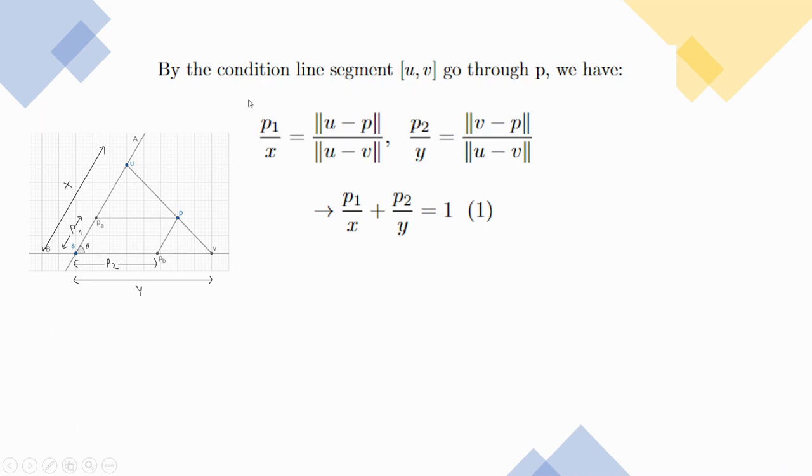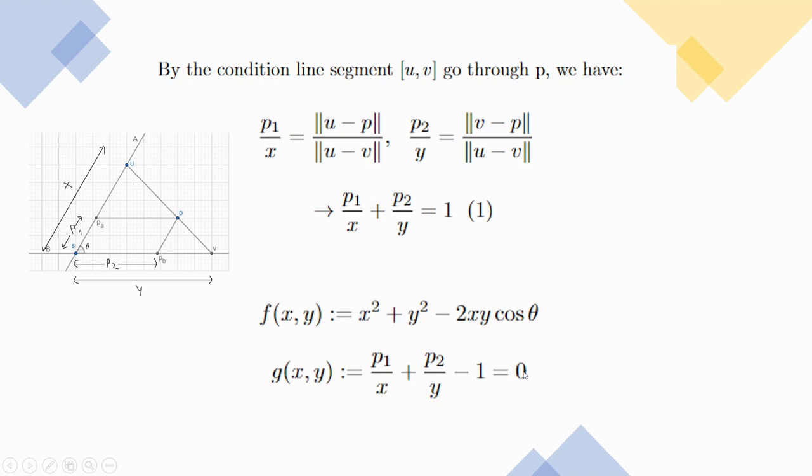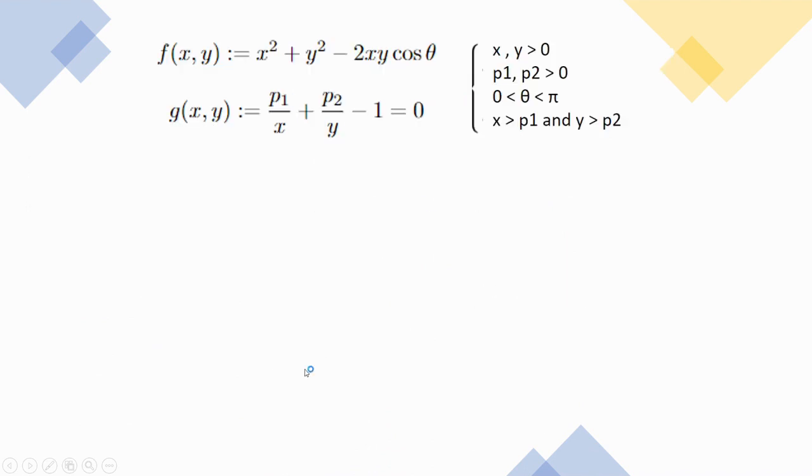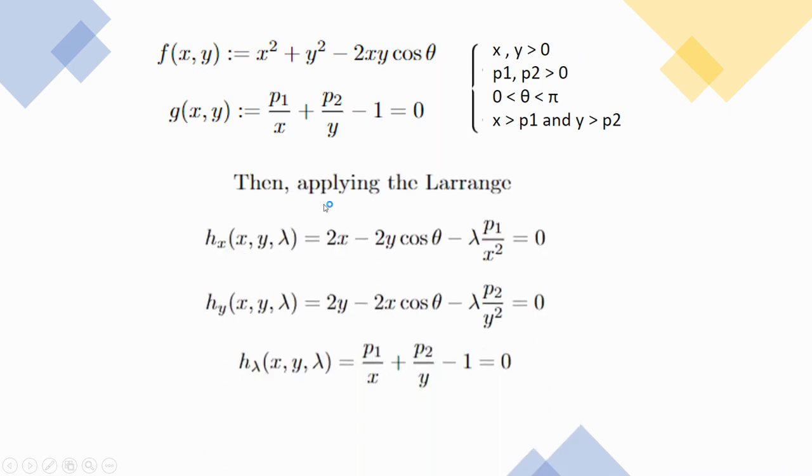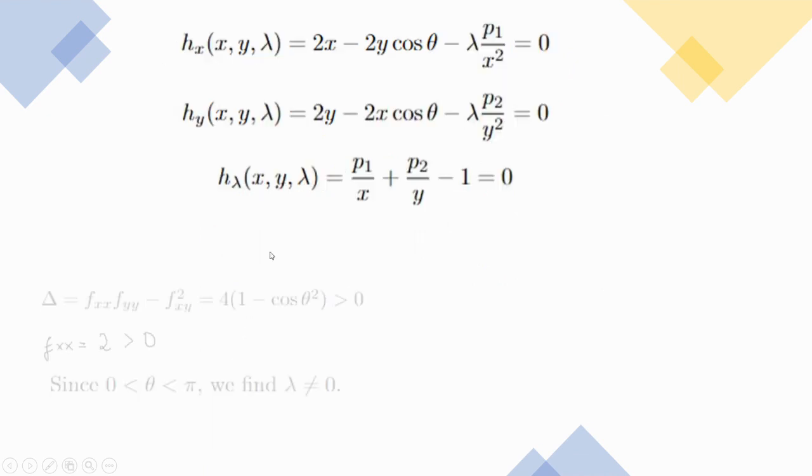So by the line segment condition, we have this equation. So minus 1 on both sides, and let's say this is f(x,y) and this is g(x,y). We have this condition.